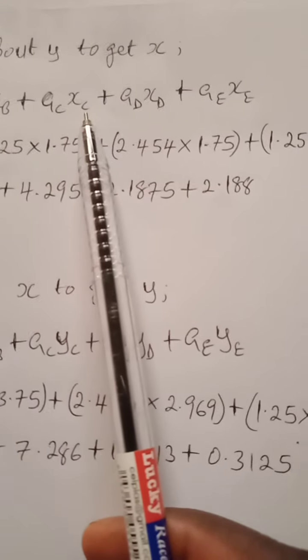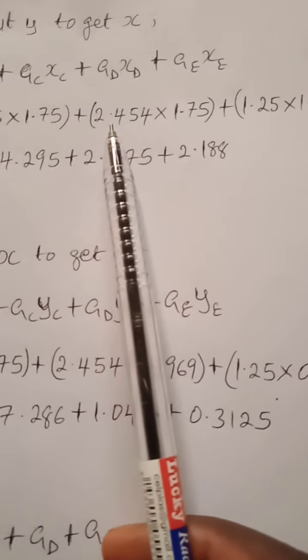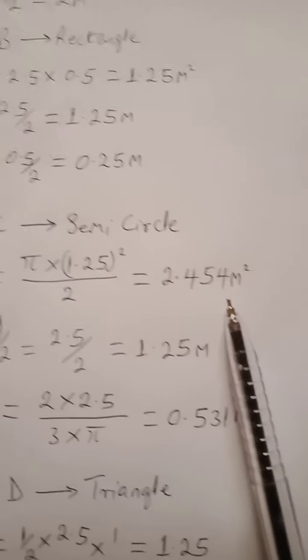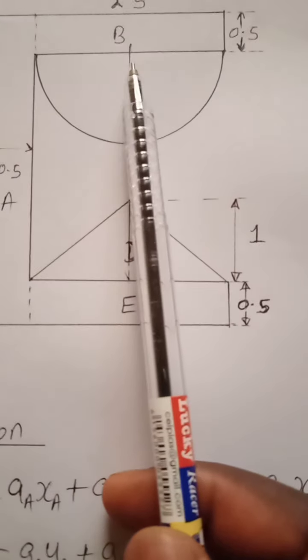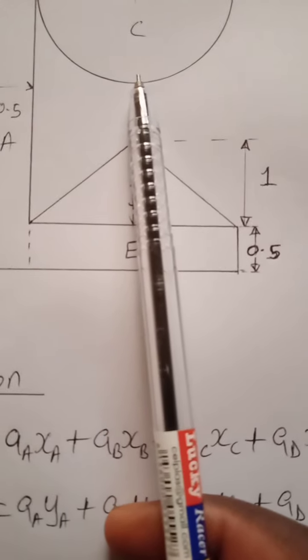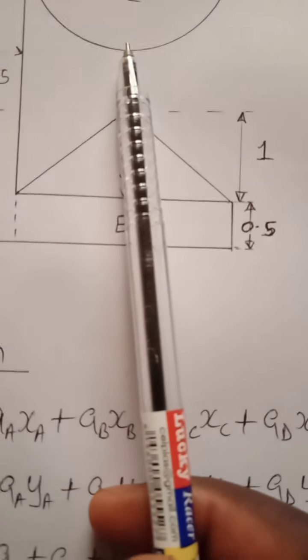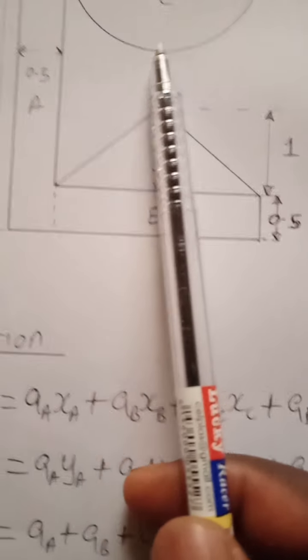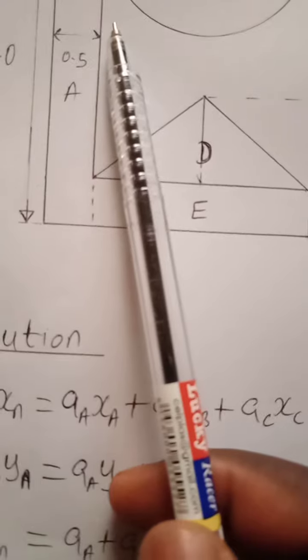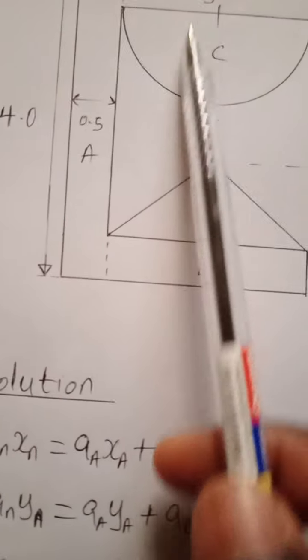Same goes for shape C. The area is 2.454, as you obtain it here. 2.454 multiplied by the center distance of that shape. This is C, and this is the center as well. Center for C, here to here plus this place, which is 1.25 plus 0.5, just like this rectangle here.